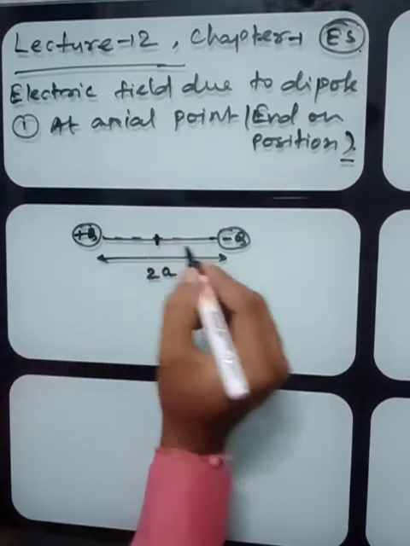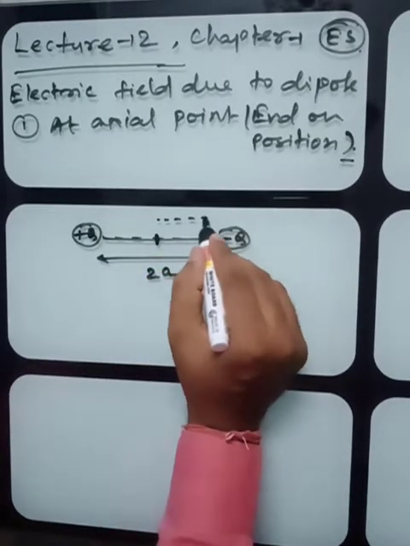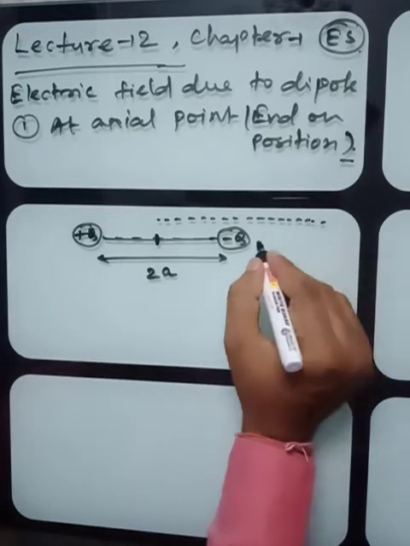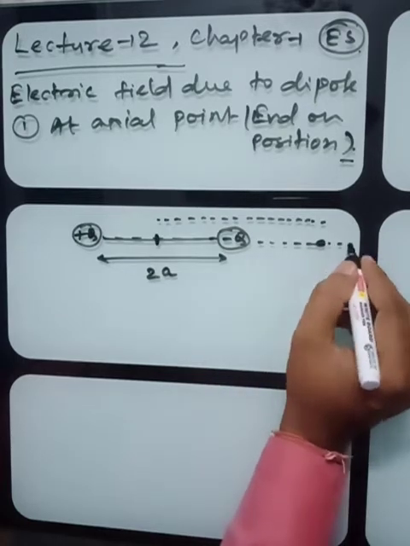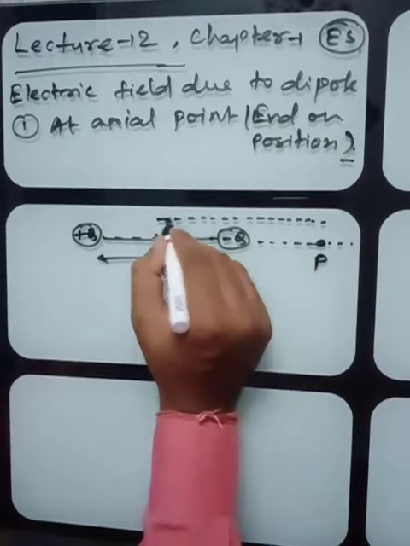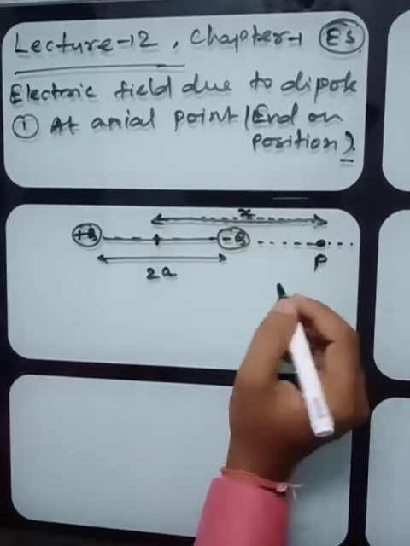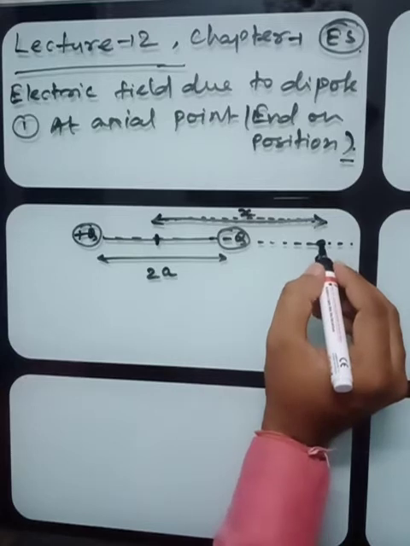From the center, we have to find the electric field at a certain distance, say x. At this point P, we are going to find the net electric field, and this distance is x.